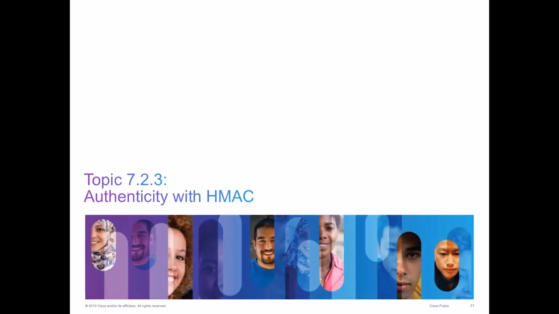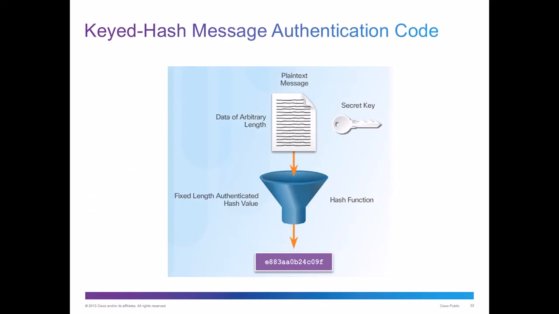All right, the HMAC, and we talked about that too. Instead of just sending the plain message, you also have a secret key attached to it. This is what really creates a digital signature. So you have a key, you take the message, and you run it through the hash, and you get a fixed-length authenticated hash.